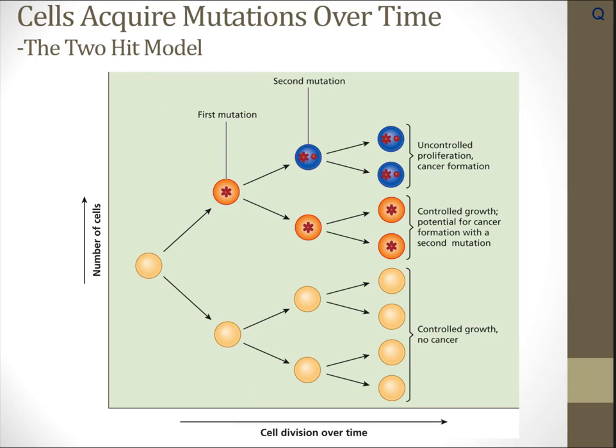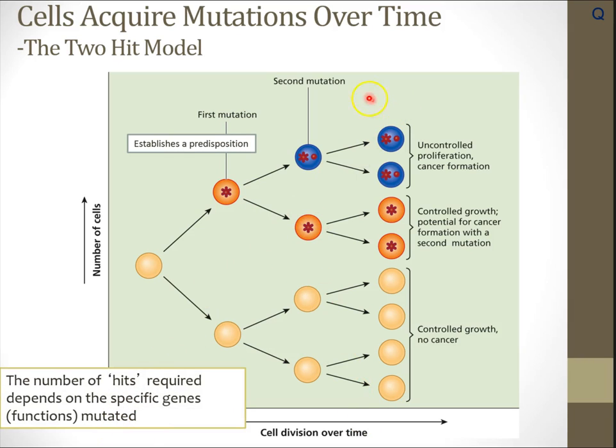In the two-hit model, basically what we're saying here is that once the first mutation arises, this establishes a predisposition. You can actually inherit this first mutation, or you can acquire it. However, it takes at least one more mutation, either in that same gene or in another gene with similar function, before you can reach the state of cancer formation.